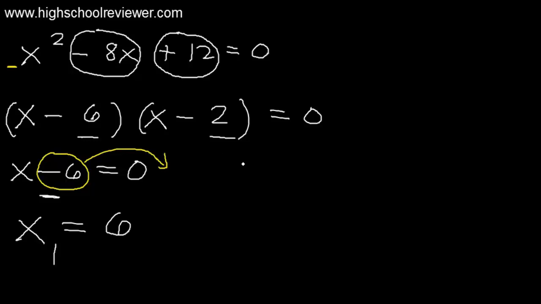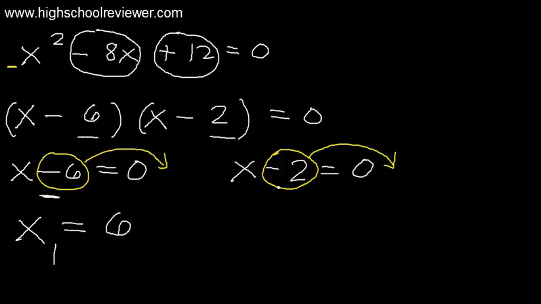Now for our x sub 2, we have x minus 2 equals 0. Again, to find the value of x, we need to transpose or transfer negative 2 to the other side.